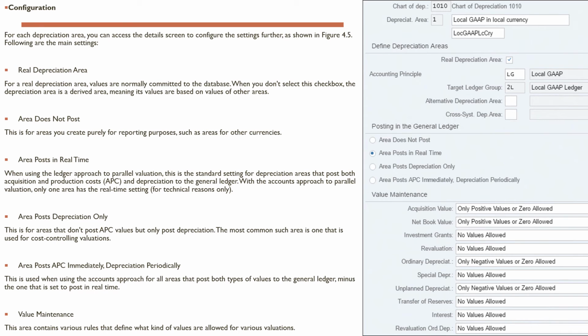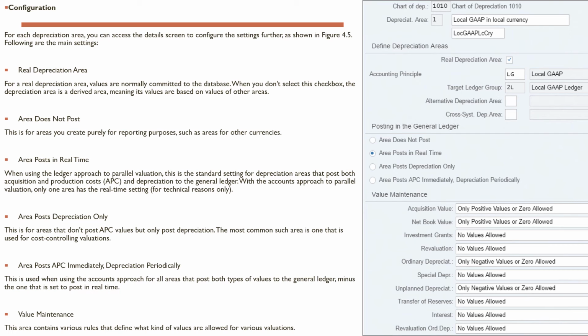Okay, so next is area posting depreciation only. This is an area that doesn't post acquisition and production cost values, but only posts depreciation. The most common such area is one that is used for cost controlling valuation.